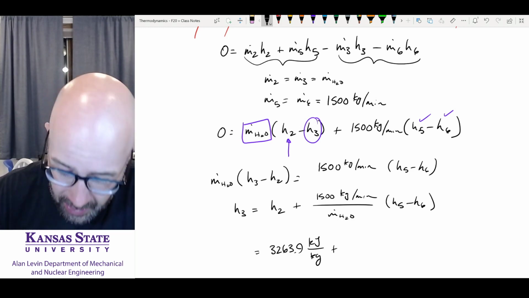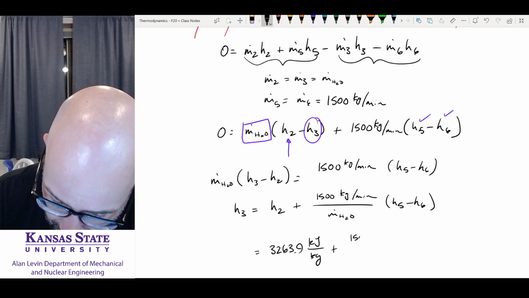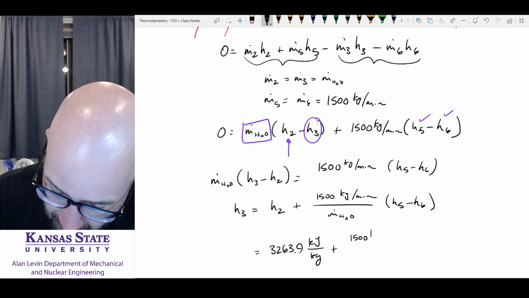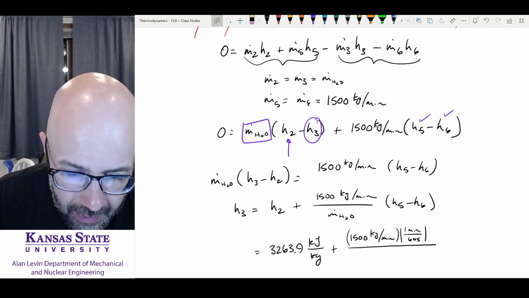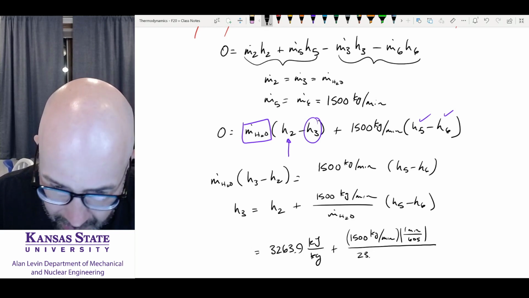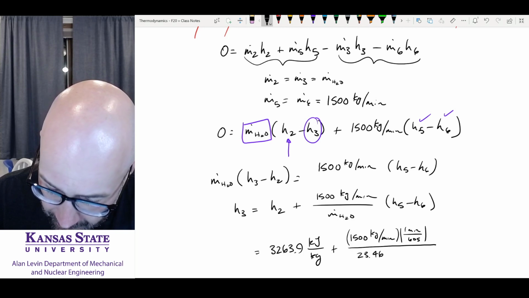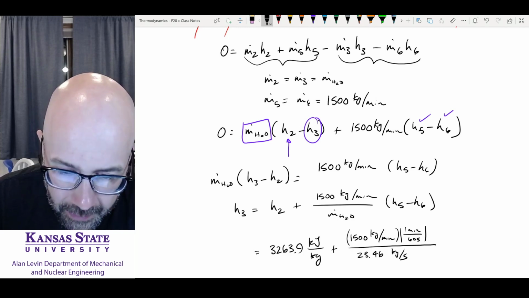So let's make sure this is all on the same basis here. So 1,500 kilograms per minute, and in 1 minute there's 60 seconds. And now I can use the 23.46 kilograms per second. Those units are going to cancel.